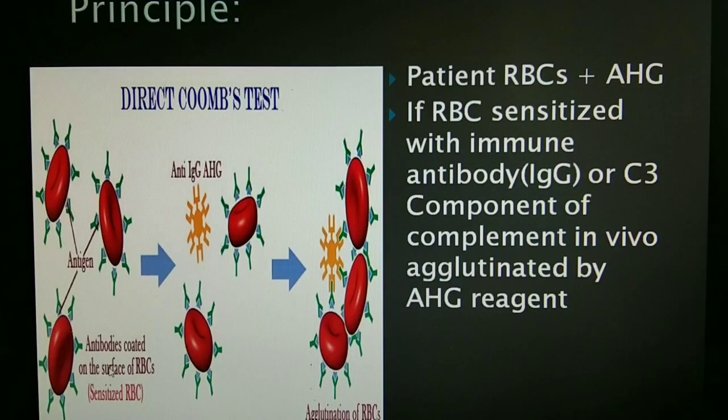The IgG molecules attached to red cells are unable to bridge the gap between sensitized red cells, which are separated from each other by negative charge on their surface, so they do not agglutinate. When anti-human globulin is added, it is able to bridge the gap between the cells and it causes agglutination.